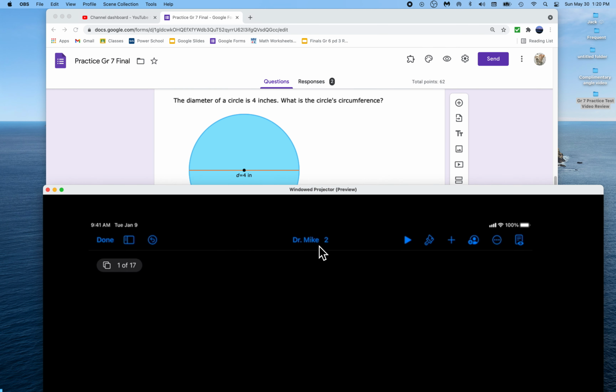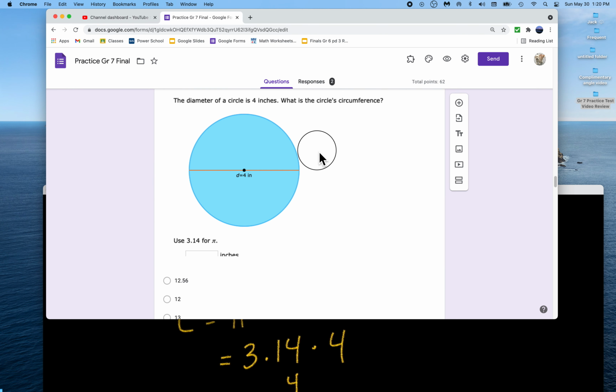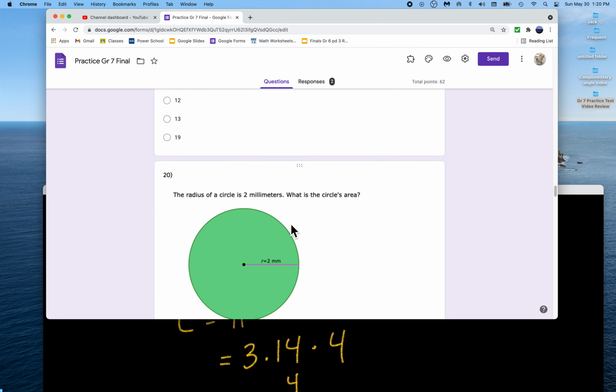The formula for circumference is pi times the diameter. They gave us a diameter here of 4 inches, so all we need to do is substitute 3.14 times 4. And when we multiply that out, we're going to get 12.56. And it's going to be in inches, not inches squared.